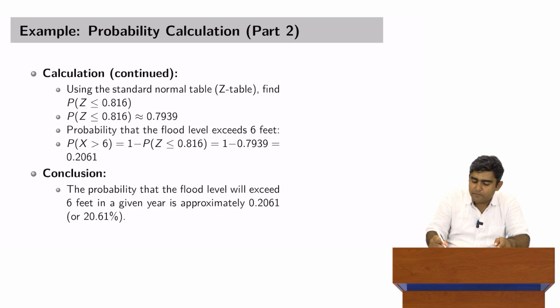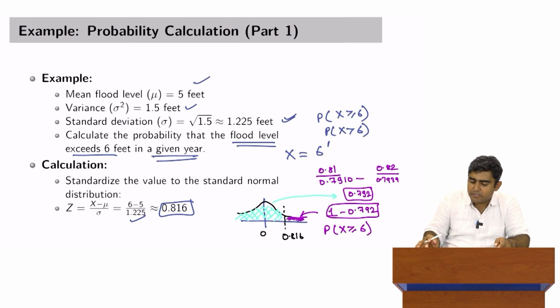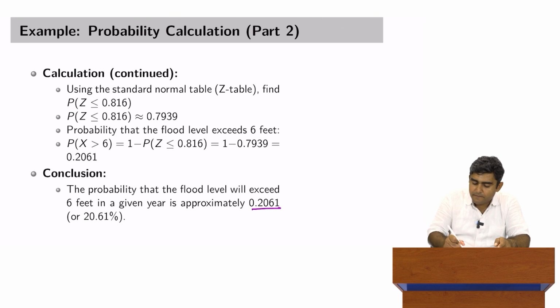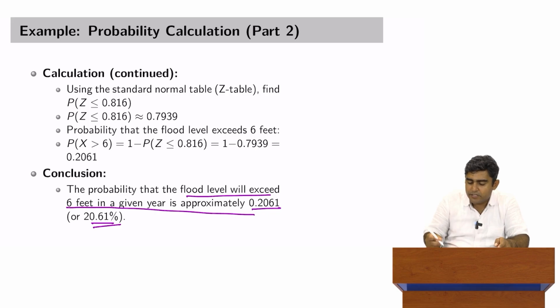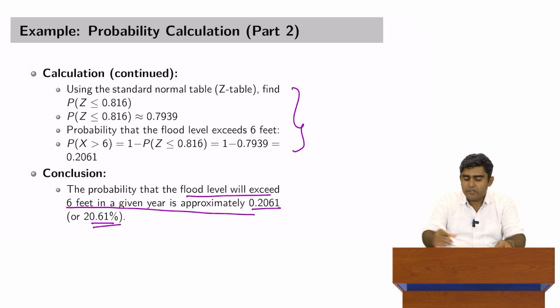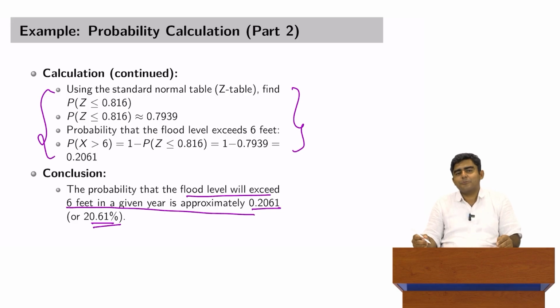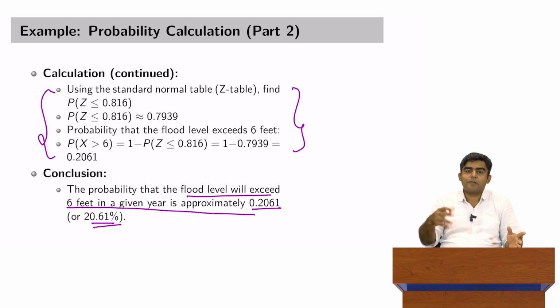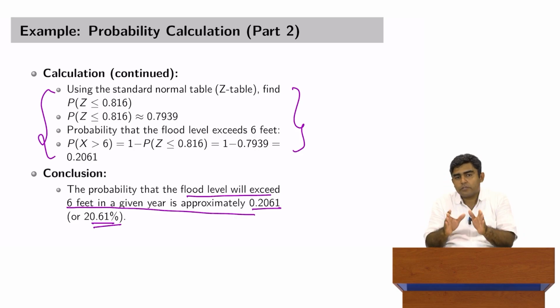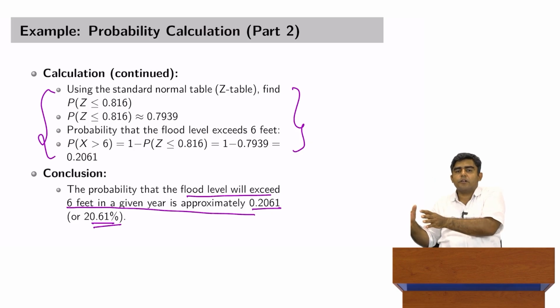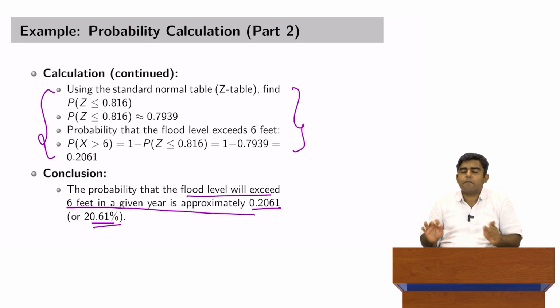Hence, we get an answer of approximately 20% exceedance: the probability that the flood level will exceed 6 feet is 0.2061, all deduced from the Z table or normal distribution table in this particular case. So we have skipped the entire integration just by using a table effectively, understanding how that table relates to a normal distribution curve, and also emphasizing which particular area we are interested in.